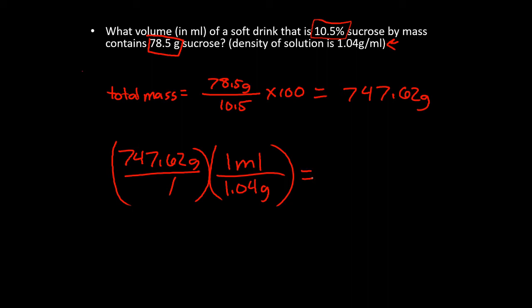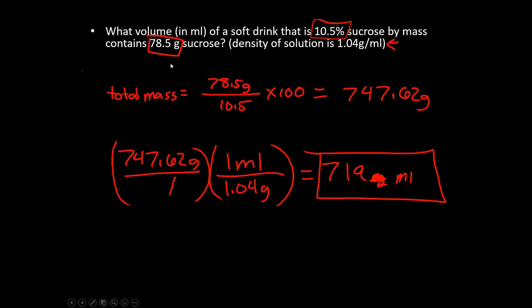And so that's just going to decrease that number slightly, down to 719 milliliters. And there we go. So that is the volume of the solution that would have 78.5 grams of sucrose in it.